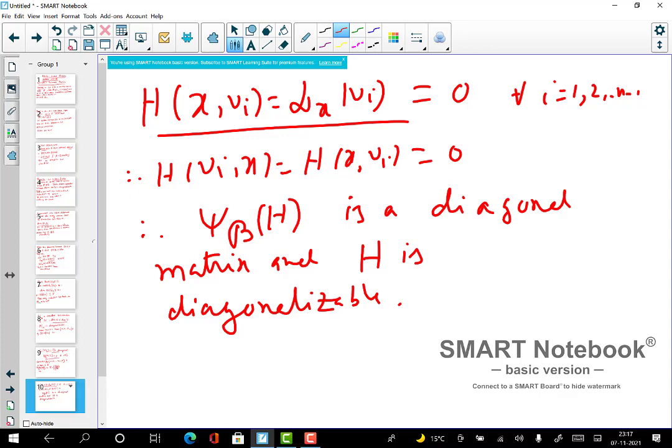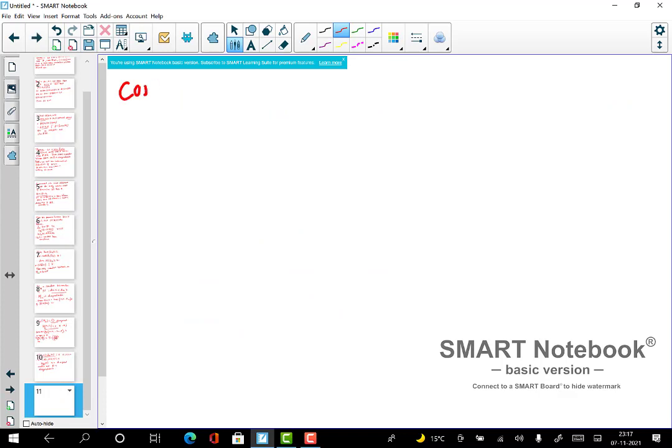And what is the immediate corollary? What is the matrix form of that?